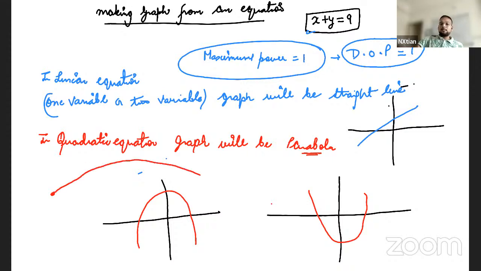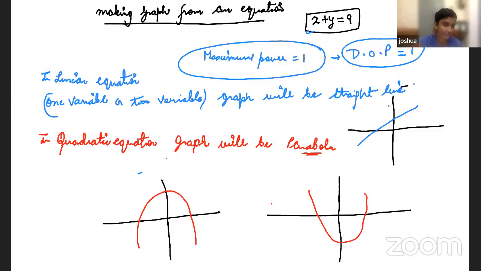This pathway is called a parabola. In the same way, the graph created by the quadratic equation is a parabola. Okay, understood, guys? Yes or no? Joshua didn't understand. Joshua, tell me what you didn't understand. I understood, sir. Okay, quickly write it down.